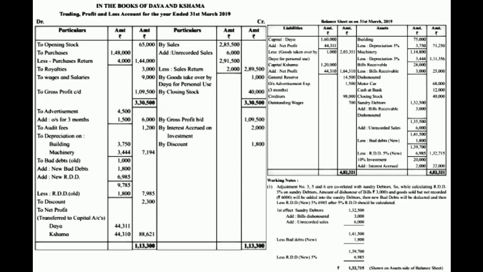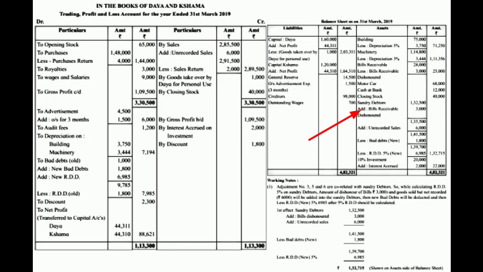So what do we have to do with the dishonor of the bill? Both effects will appear in assets only. First, we have to deduct from bill receivable. So below bill receivable, you have to write less bill receivable dishonored 3,000. The outer column comes to 25,000. And the second effect also appears on the asset side below the sundry debtor.